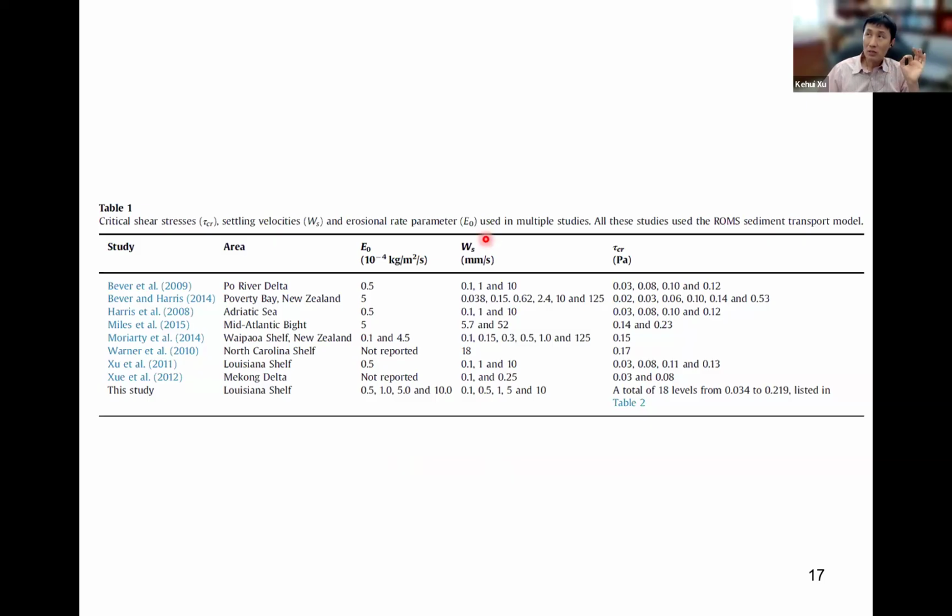If we deal with fresh mud deposit from the river, or if we deal with mobilized sediment right after the passage of a hurricane, then you should use a very low settling velocity and a very low critical shear stress. That would be one situation for the mud.